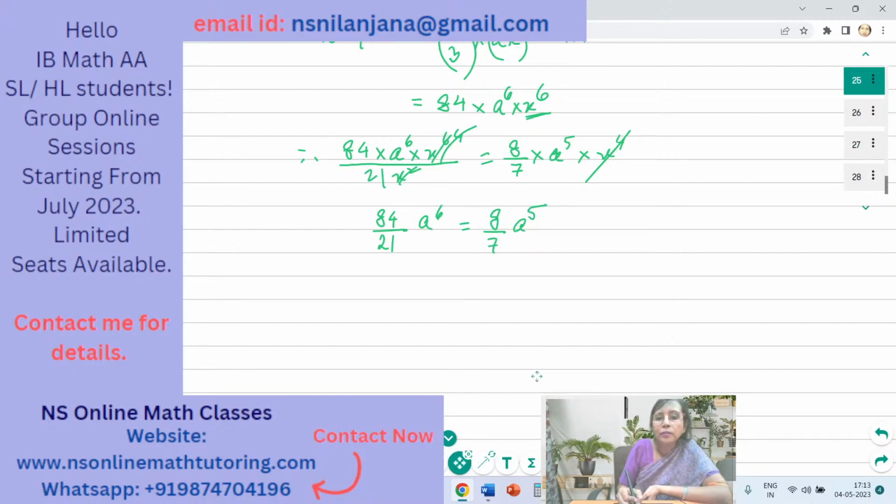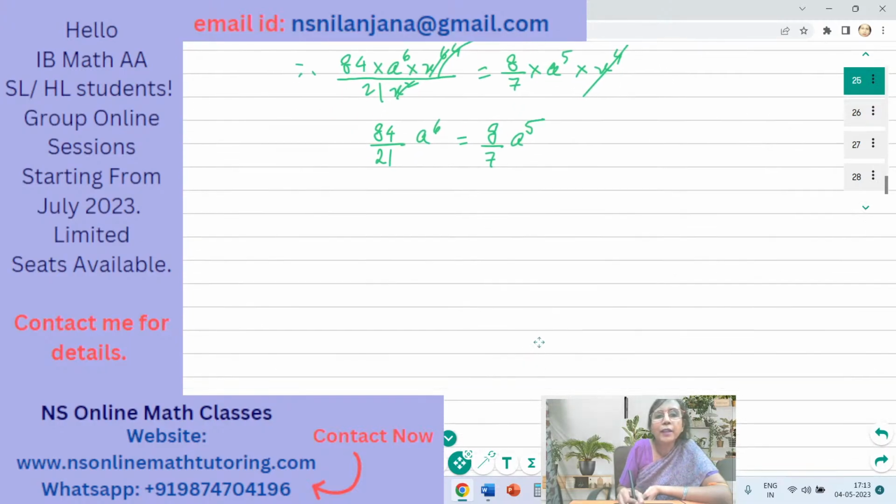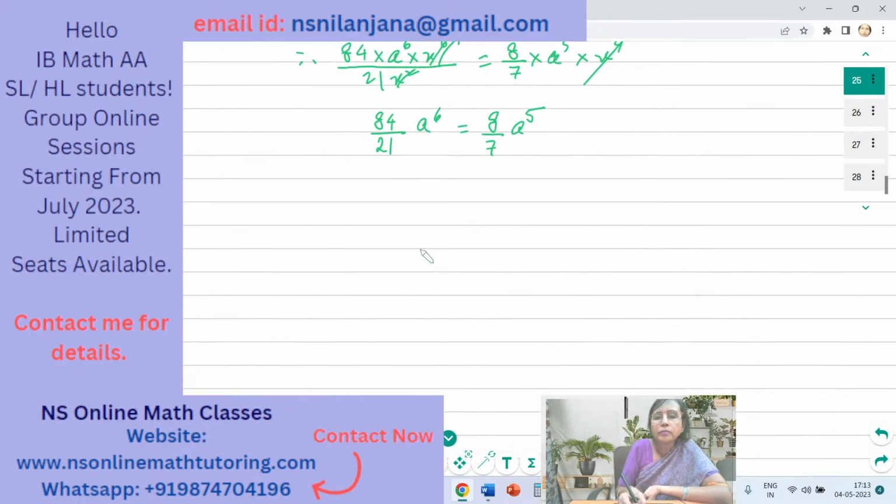And we have to find the value of a. So we can write a to the power of 6 over a to the power of 5 is equal to 8 over 7 times 21 over 84.